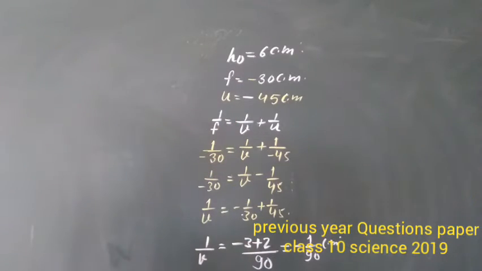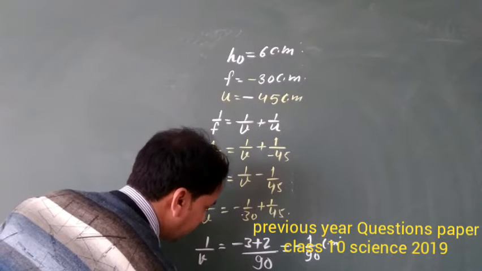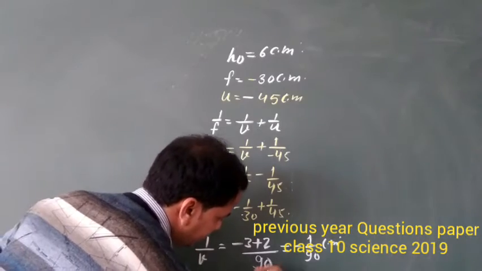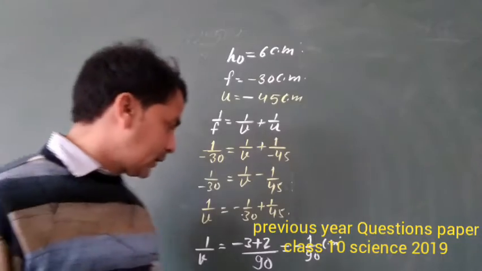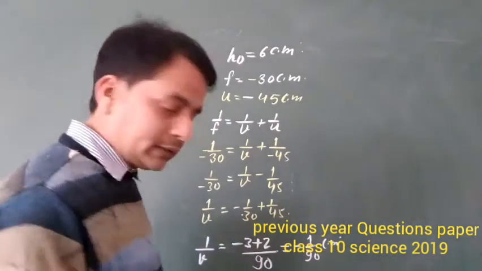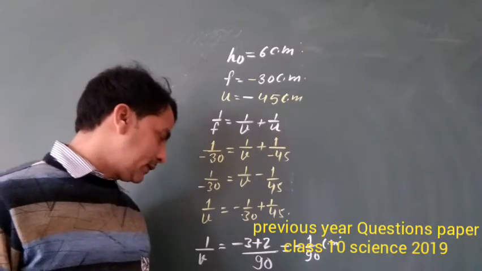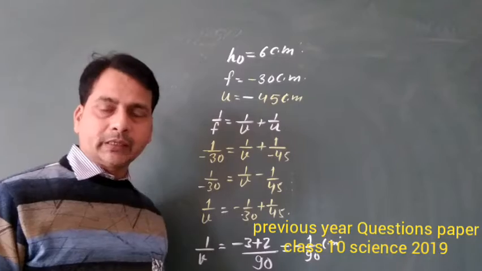Then the position of the image is v equal to minus 90 centimeter. So the first answer of this question is the position of the image, which is 90 centimeter.